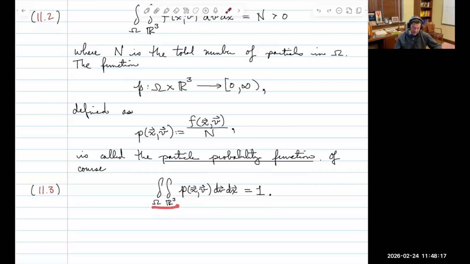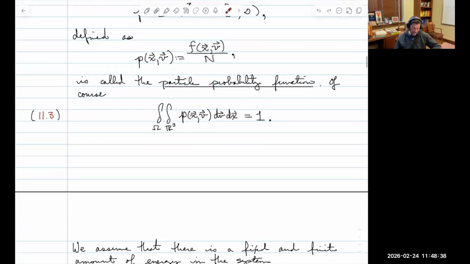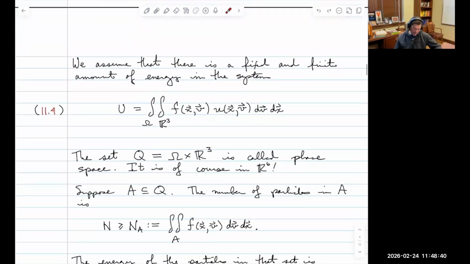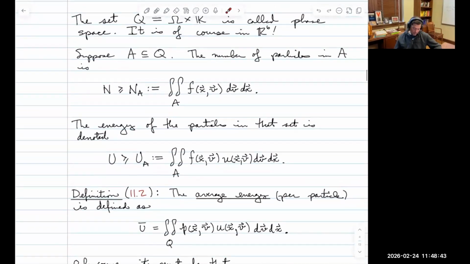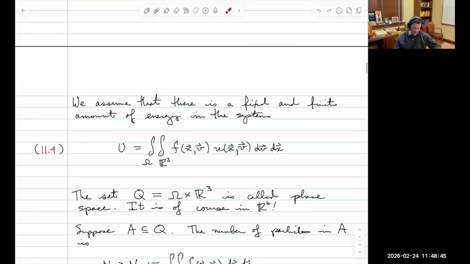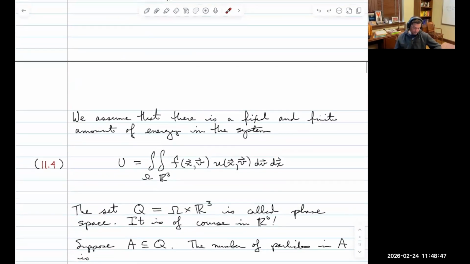But if I integrate over a smaller area, then I can find the probability that the particle is going to be in a certain location in physical space with a certain velocity range. Okay, so I could define the probability of being in certain states in state space by doing that. I don't exactly do it here, but I can show you how that's done.